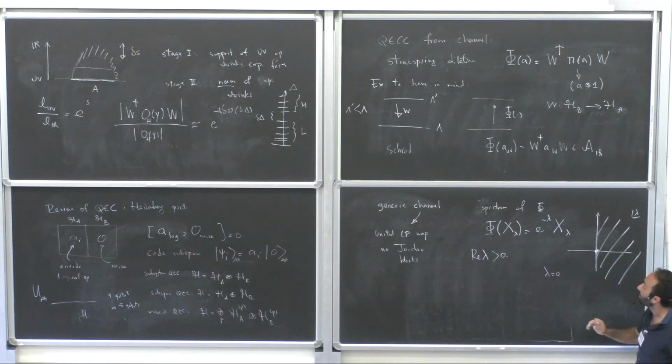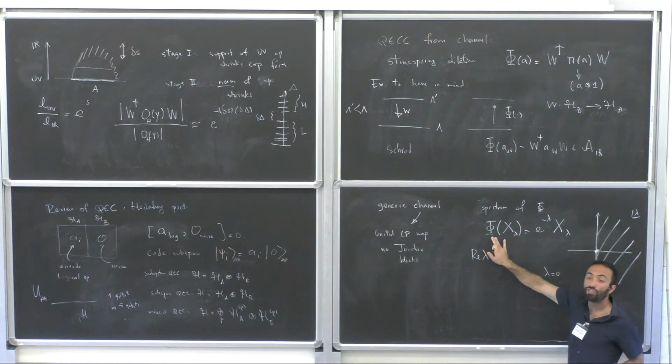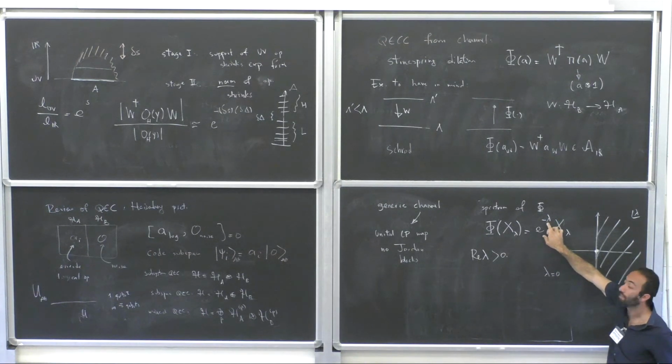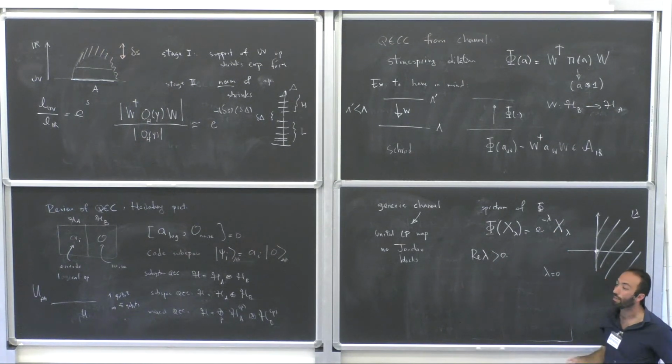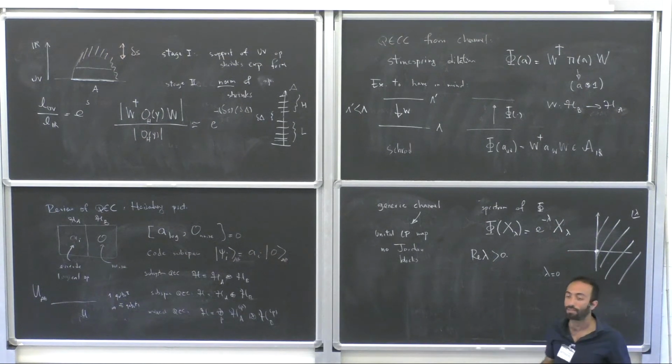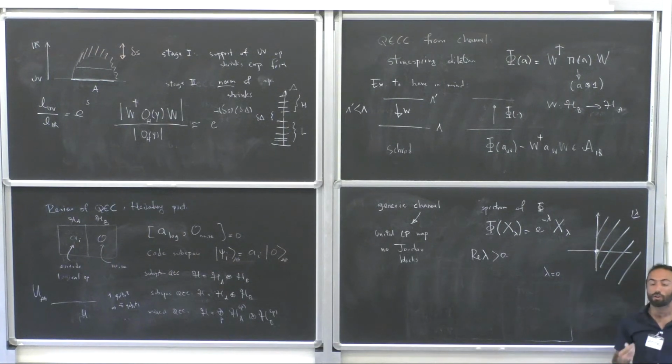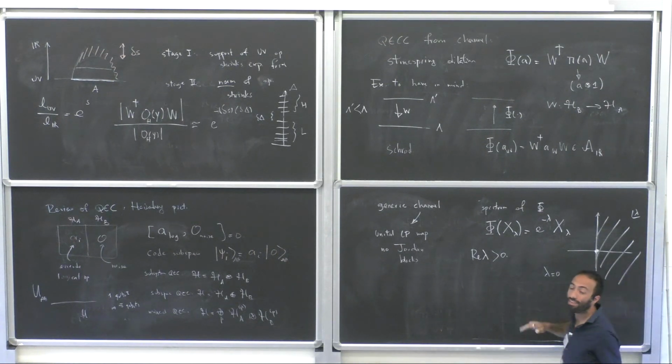But in the case of CFTs, this is the RG flow map. This is a renormalization map or scaling operator. And these are the conformal primaries and these are the conformal dimensions. The invariant subalgebra for a generic CFT corresponds to a set of operators that have 0 conformal dimension, and that's unique, the identity. So for a generic CFT, I'm not going to get an exact error correction in an interesting way.